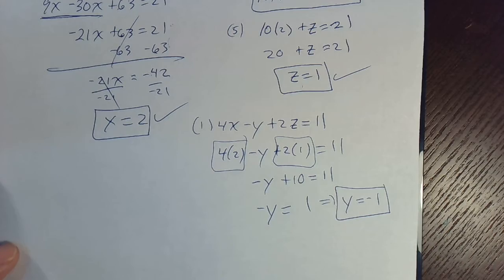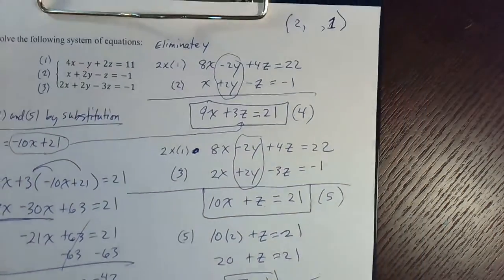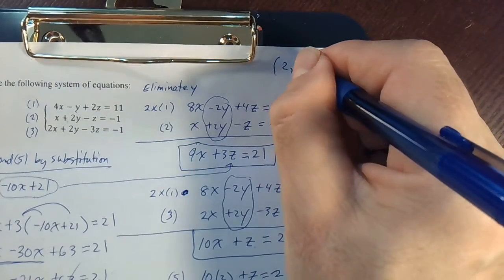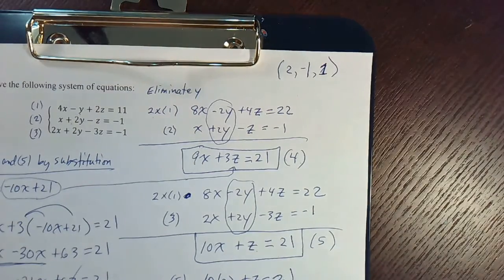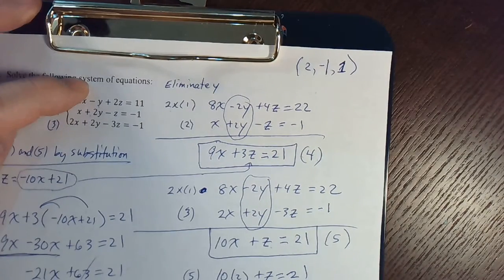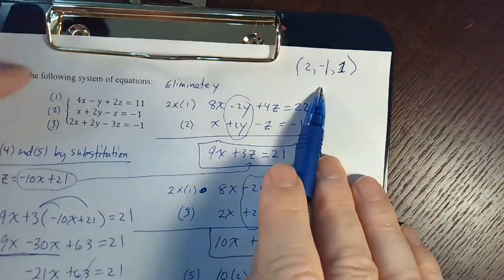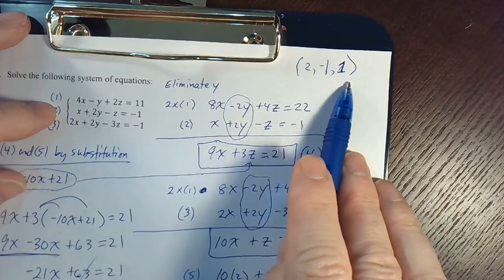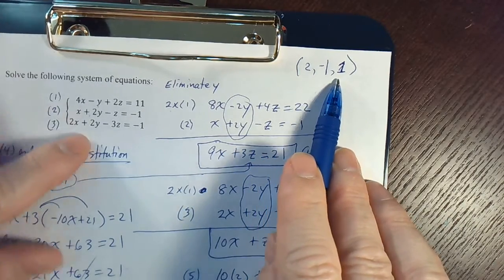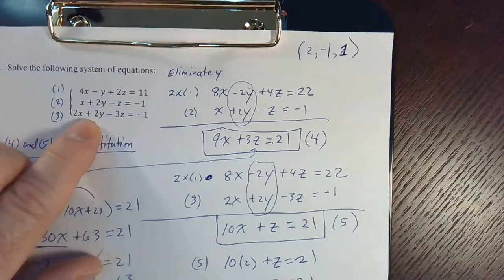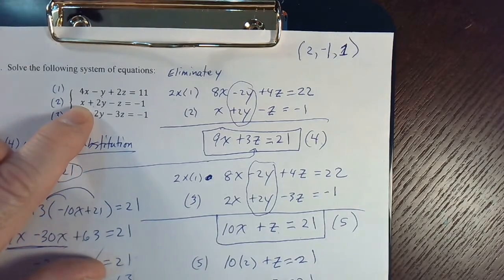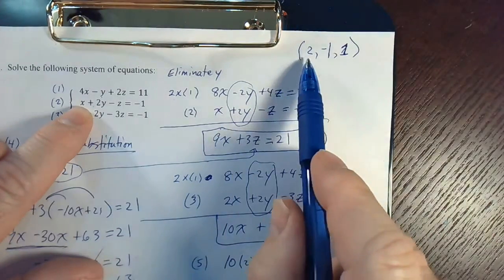All right, let me go ahead and write the solution. Y is a negative 1. We used equation number 1 already to compute that, so let's verify that this 2, negative 1, 1 works in equations 2 and 3. I won't write it down, we'll just talk through it.